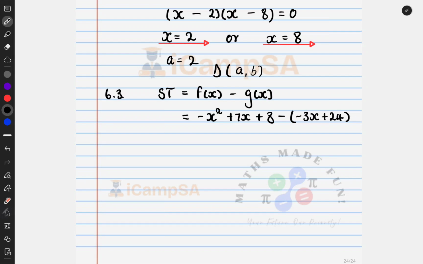Okay, and then let's simplify. We'll have minus x squared plus 7x plus 3x plus 8 minus 24, and this happens to be minus x squared plus 10x minus 16.